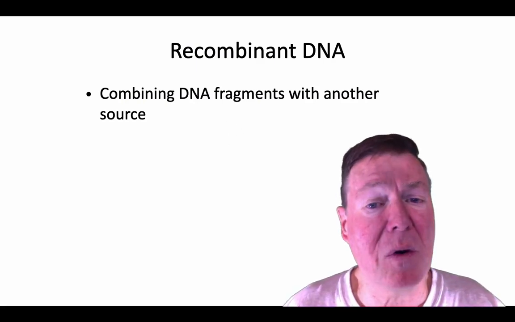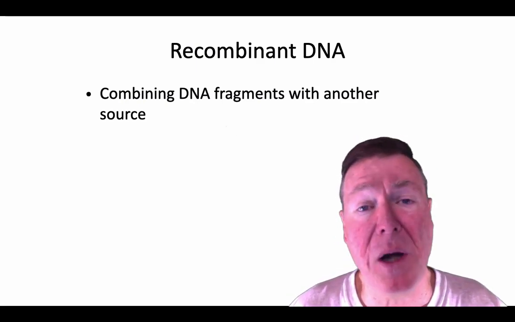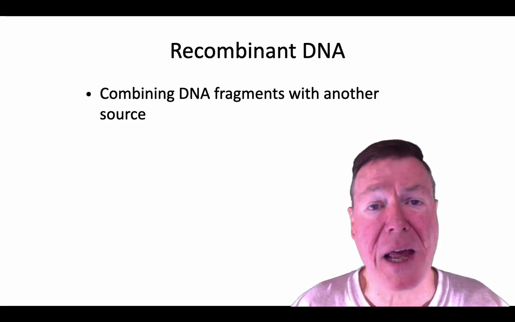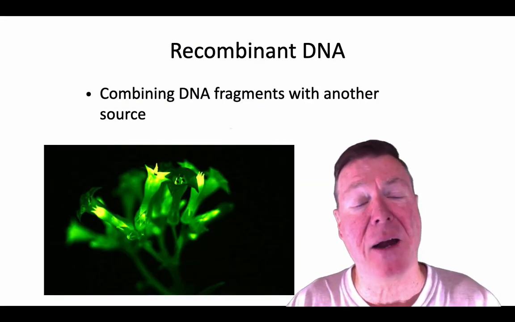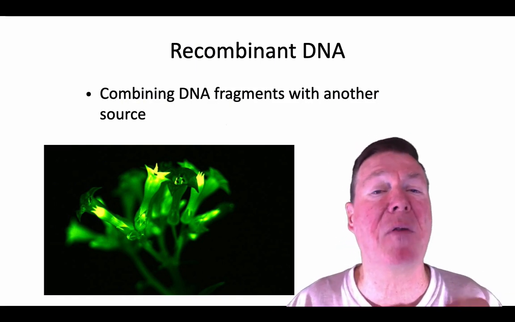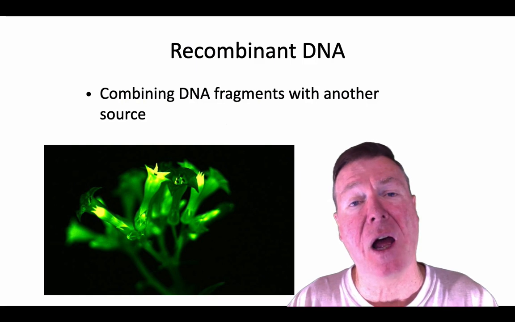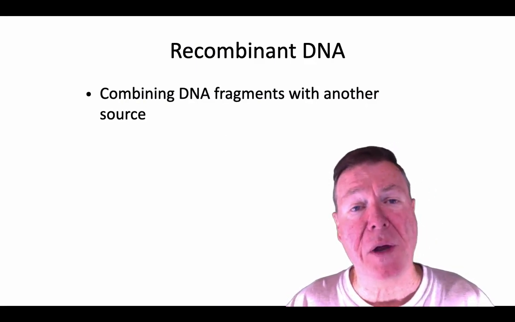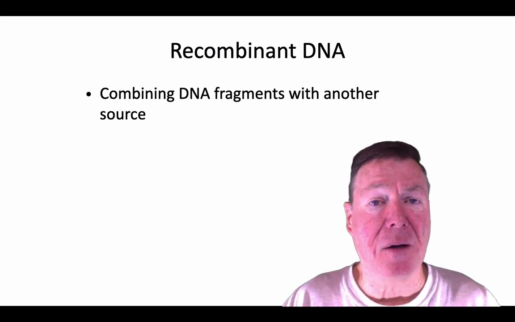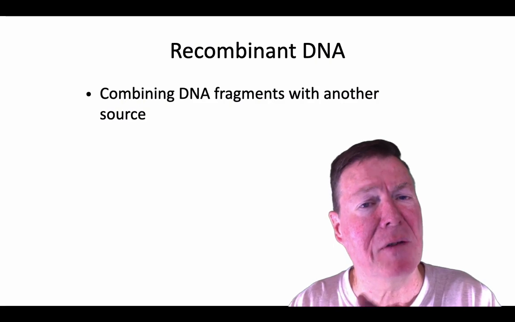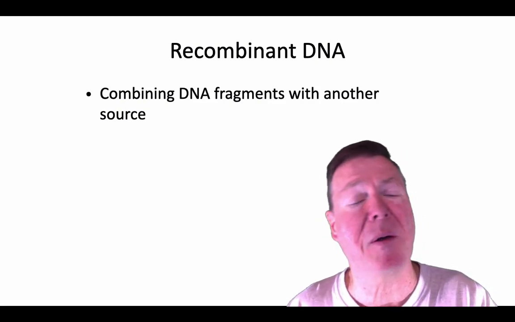Recombinant DNA. This is where we can take DNA fragments from another source and put them into an organism. For instance, we can make plants glow because we can take the bioluminescence from, say, a jellyfish, that part of the DNA, and we can put that part of the DNA into a plant. And the plant, once it starts growing, will do that. There are other things that we can do, but it's basically taking DNA from one organism and putting it in another.